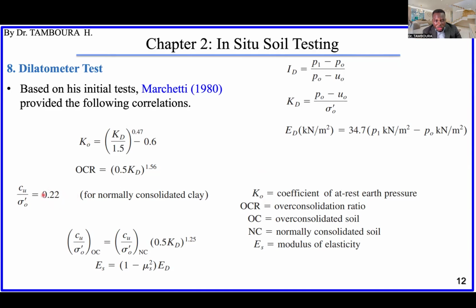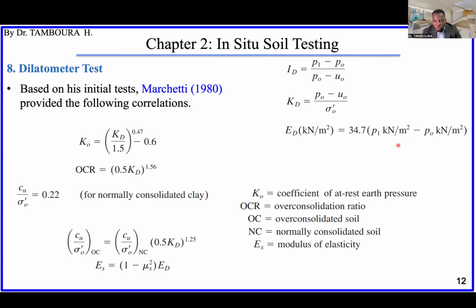So using this ratio, 0.22, you can replace this by 0.22, so that you can obtain easily the undrained shear strength of overconsolidated clay using this formula, using sigma prime 0, and KD again.